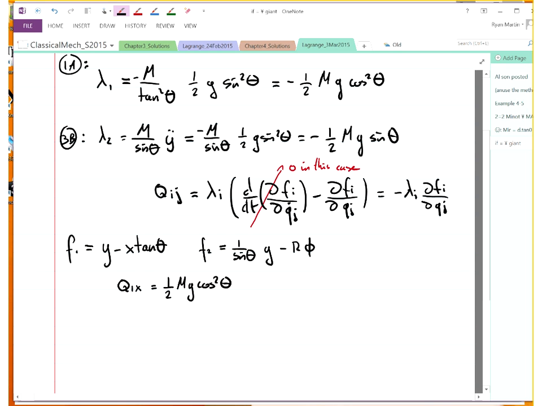So minus that is plus a half mg cos squared theta. And then I need ∂F1 by ∂x, which is minus tan theta.